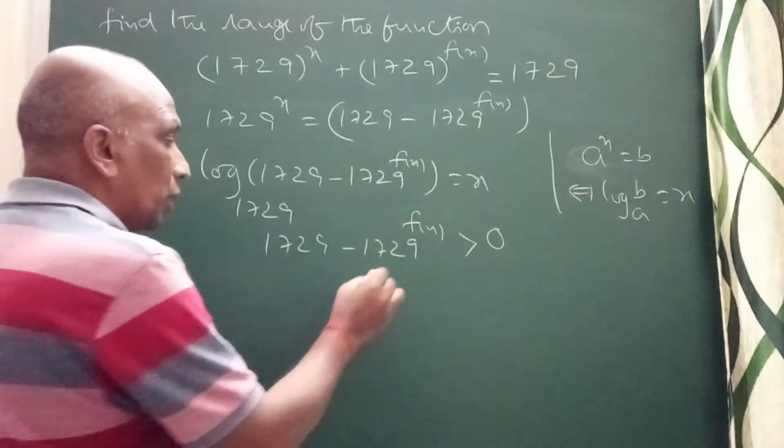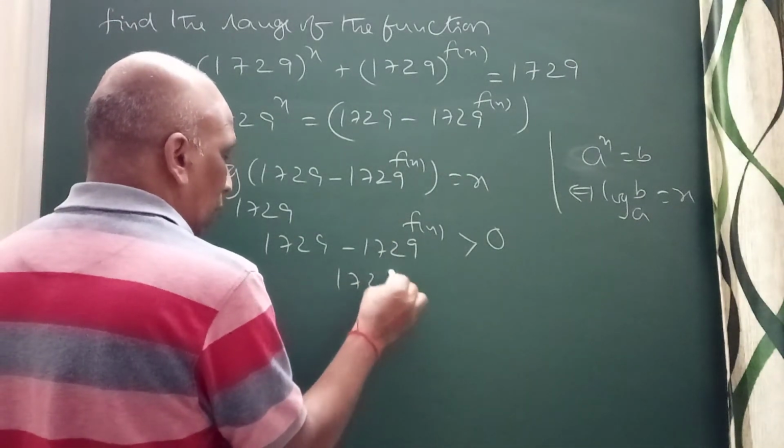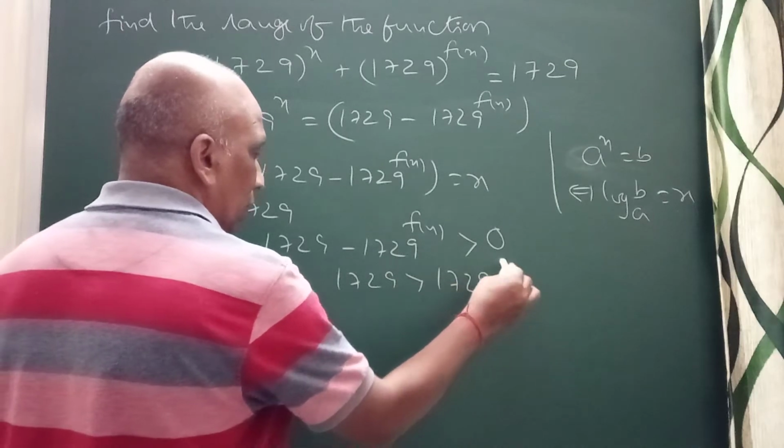From this I can conclude, if I transfer it, 1729 is greater than 179 to the power f of x.